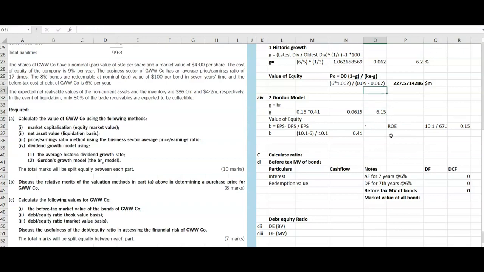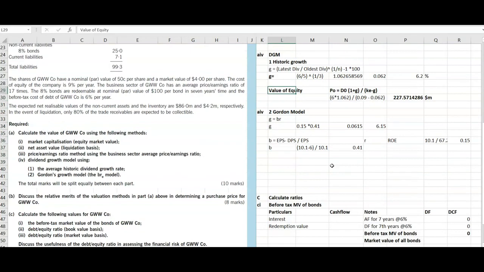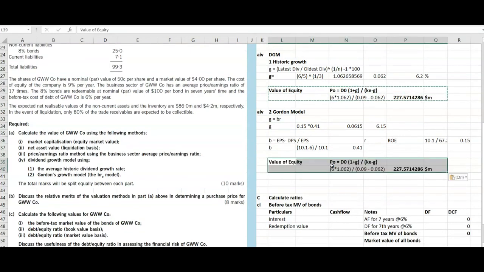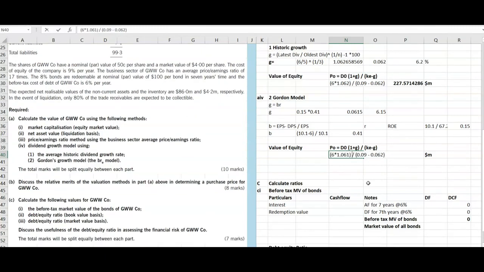From here on, we have to value the equity again. So we'll value the equity. So we'll have the same workings here. We'll take these numbers and we'll put it here. So the formula remains the same, except for the growth rate, which is 6.15. So again, this would be 15615.